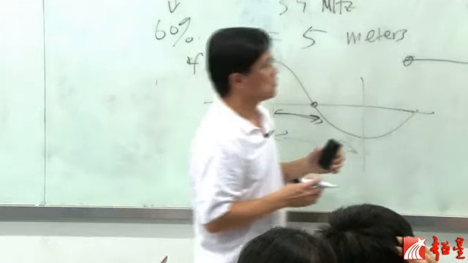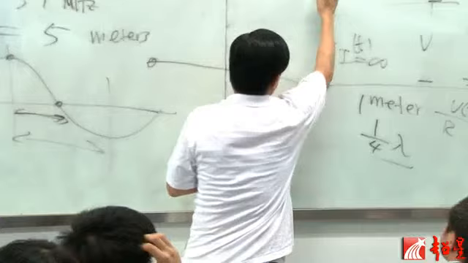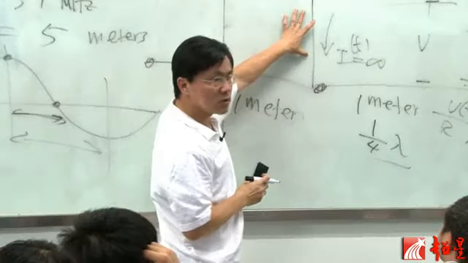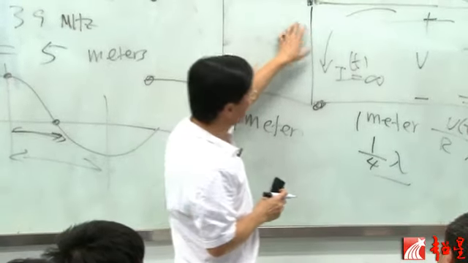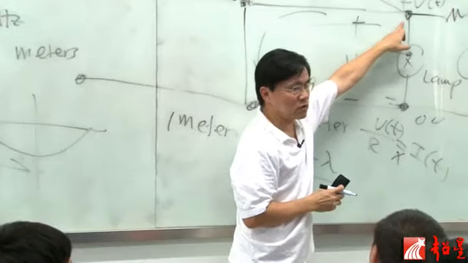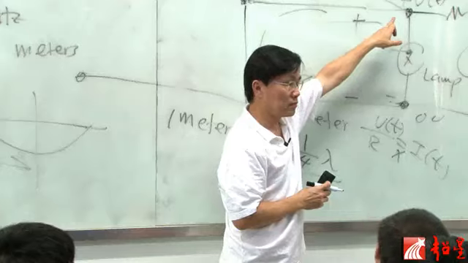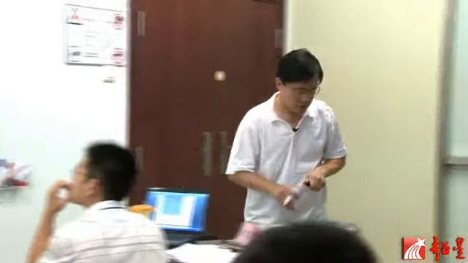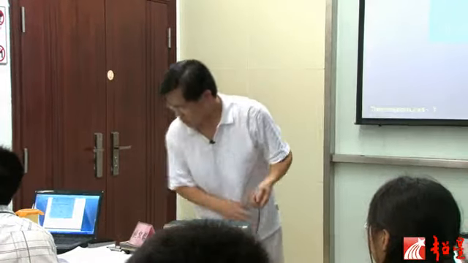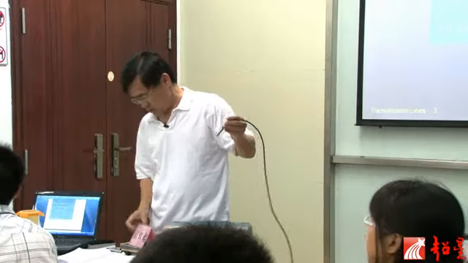But if I make a short circuit here, then this voltage becomes 0. Then 1/4 wavelength away, you're going to have a maximum voltage. That's why, can I borrow your key again?